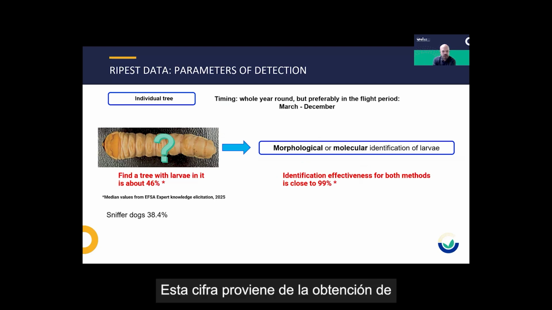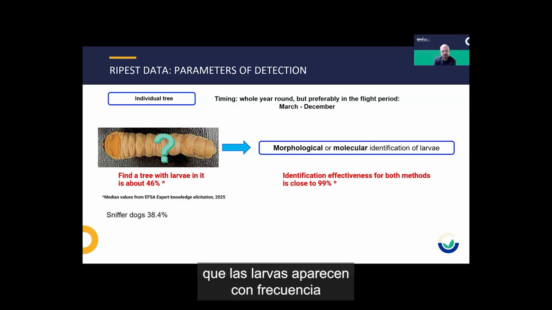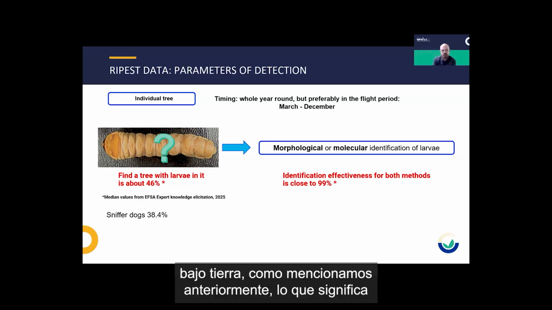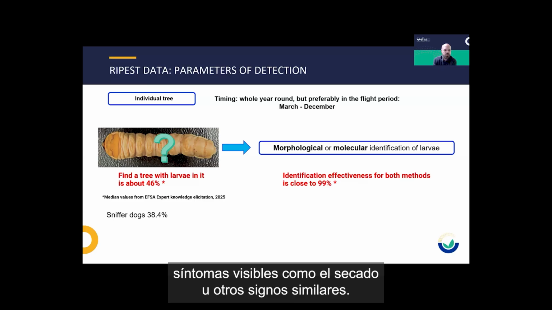This came out of the already mentioned EFSA expert knowledge elicitation, which was done in 2025. And yeah, they took into account that the larvae are often occurring below ground, as we already mentioned before, and that trees then often don't show symptoms like dieback or something like this.